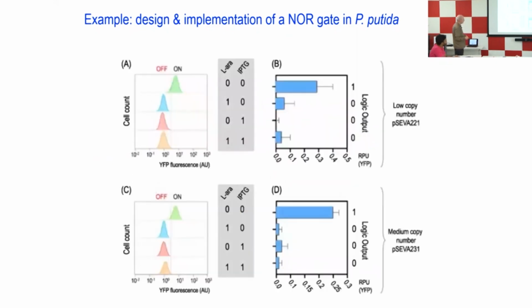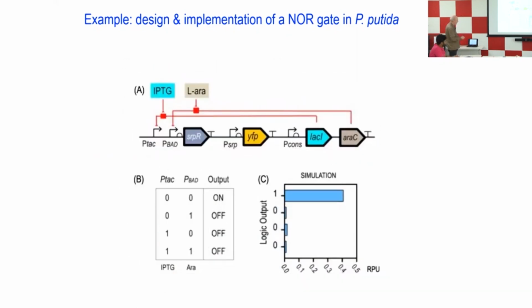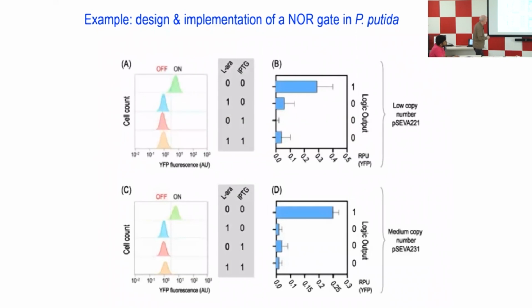And then this is what happens when you make the real experiment. So remember, in the simulation, under optimal conditions, you have only a significant output when you don't have any of the inputs. What happens in reality?